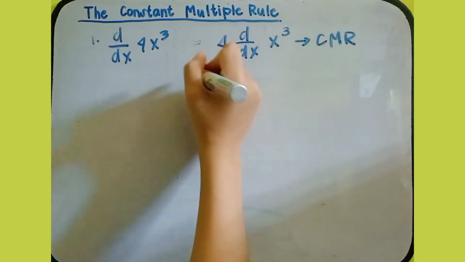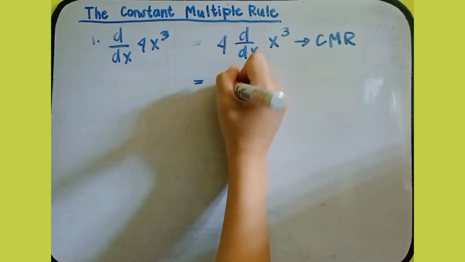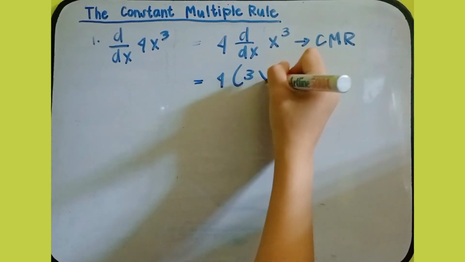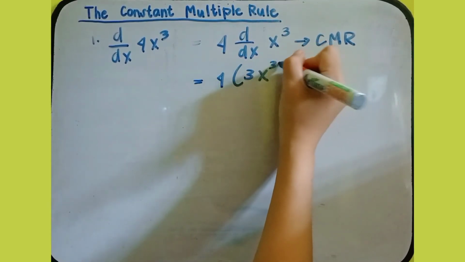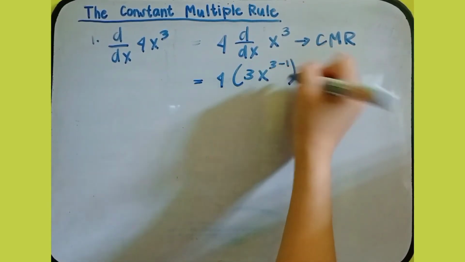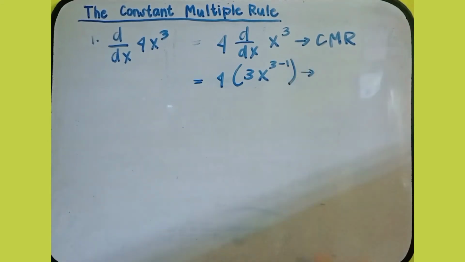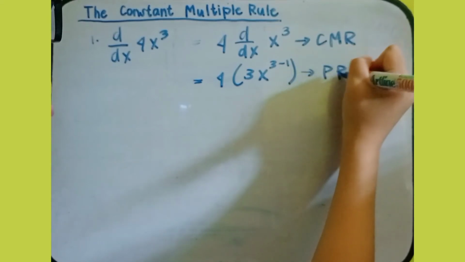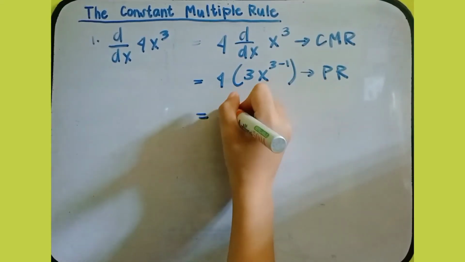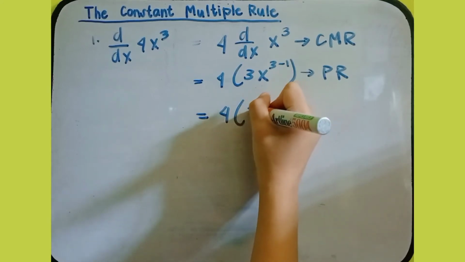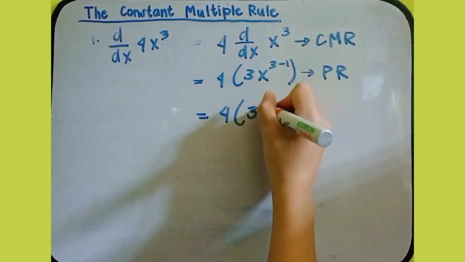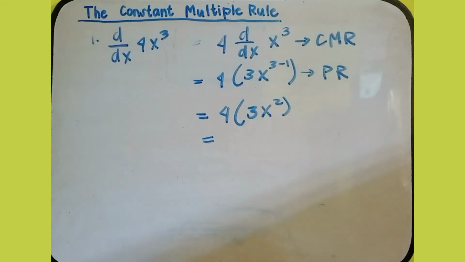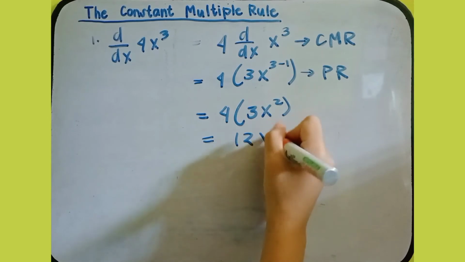Next we have 4 times 3x raised to 3 minus 1 by the power rule. This equals 4 times 3x squared, which is now equal to 12x squared.